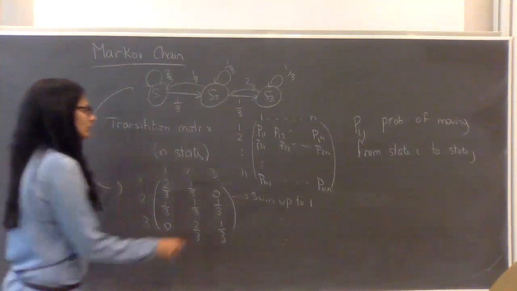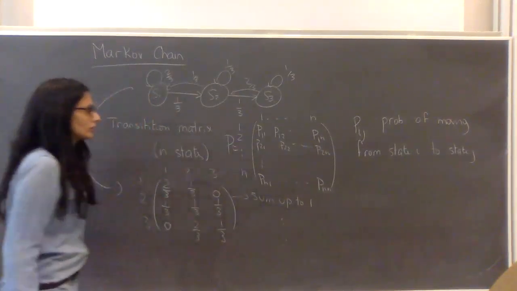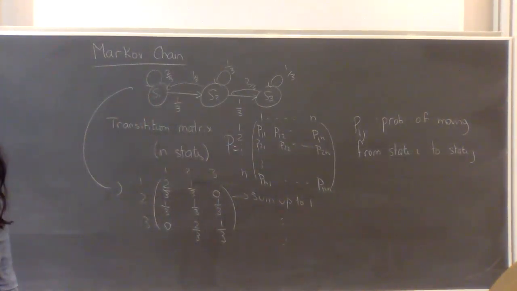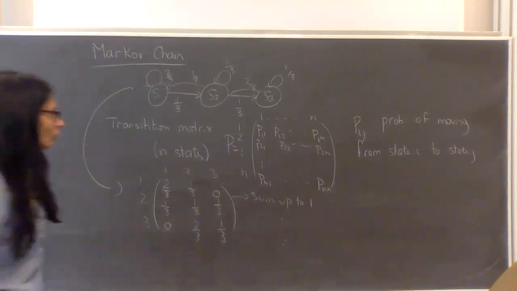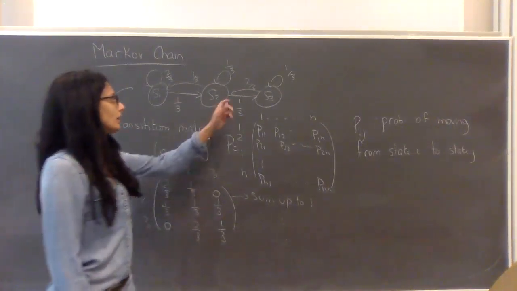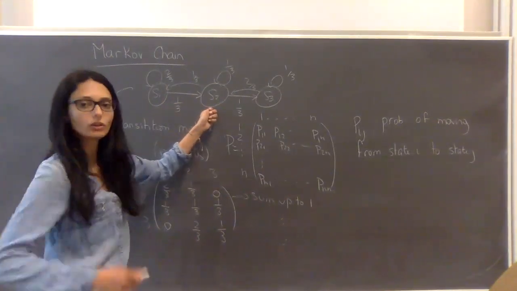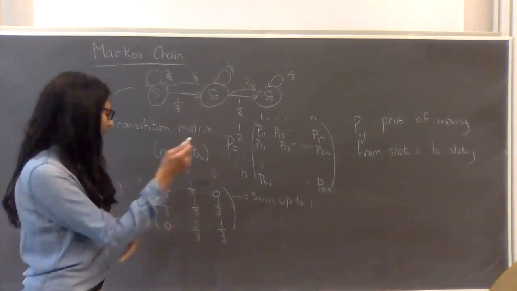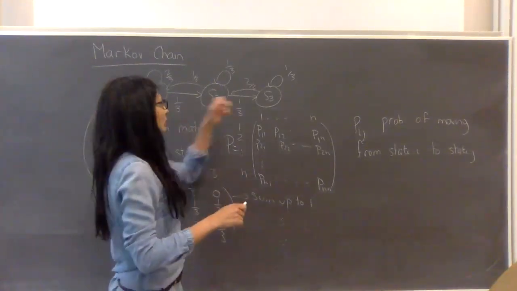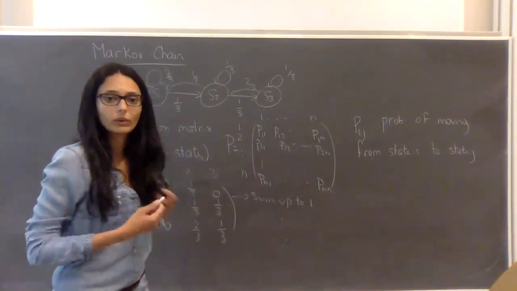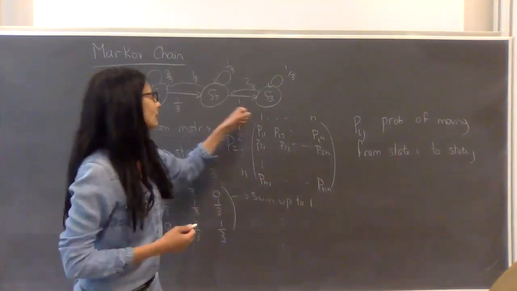Now, if I have a transition matrix, usually I call it P. This will give me the probability of moving from S1 to S2, for example, in only one step. So when I say here that I cannot go from S1 to S3, I mean that I cannot go in one step, but I can go in 2 steps, right?